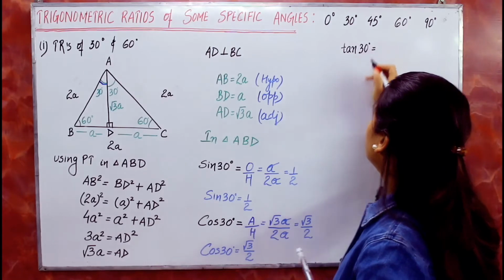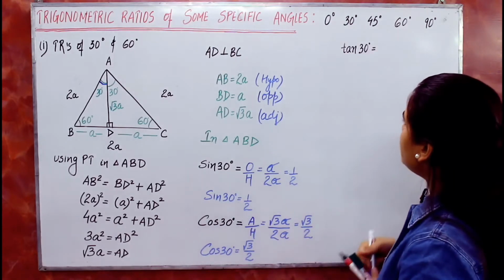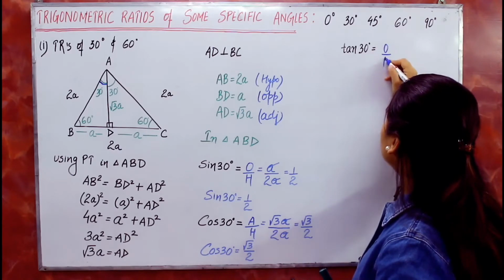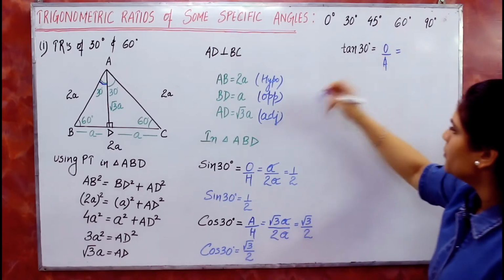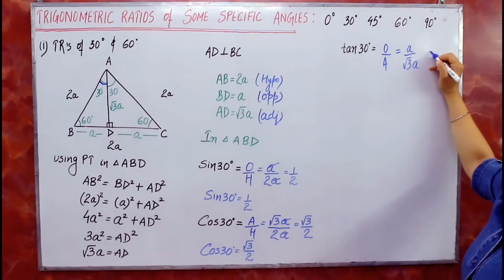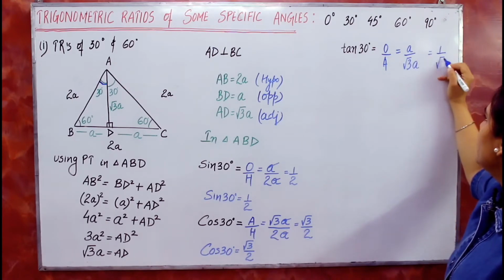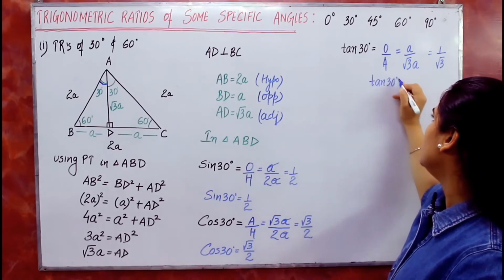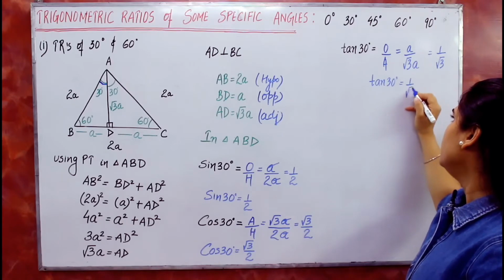The tan formula is opposite upon adjacent, opposite side a and adjacent side root 3 a. So this will be 1 upon root 3. So tan 30 degree is equal to 1 upon root 3.